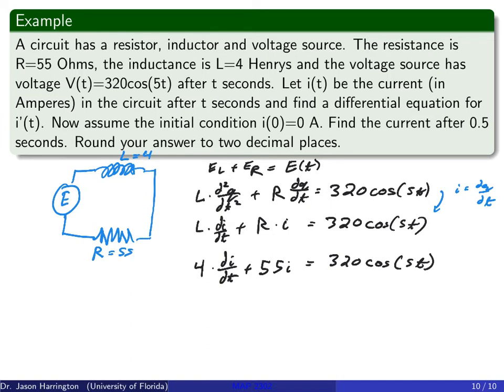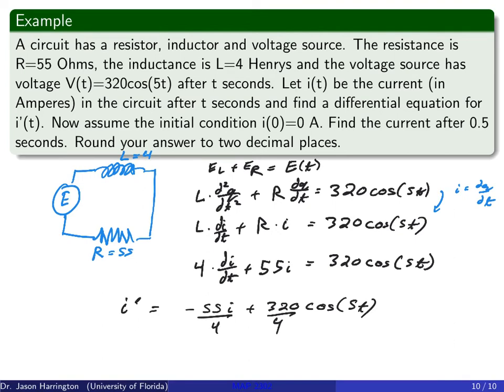Now it said first, I want to find the derivative of I just by itself. So the derivative of I, that's I prime, is going to be equal to negative 55I plus 320 cosine of 5t divided by 4 in each one of these.